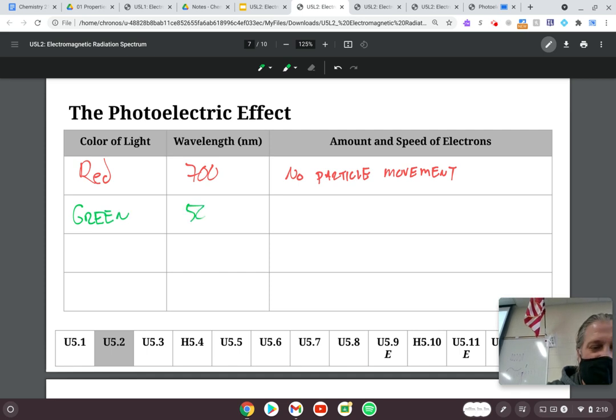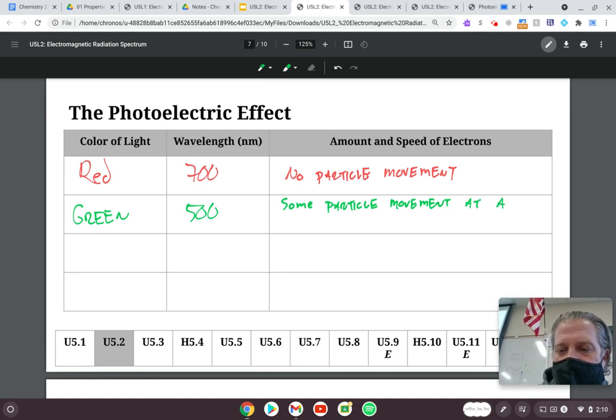The wavelength would be like 500 nanometers. And I would say that there is some particle movement at a slow rate.